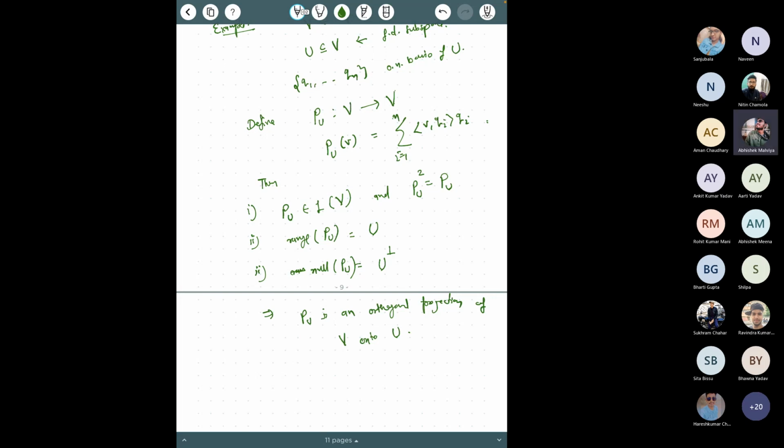Onto U or on U is the same; it's just a way of saying that the range space of the projection is actually U.